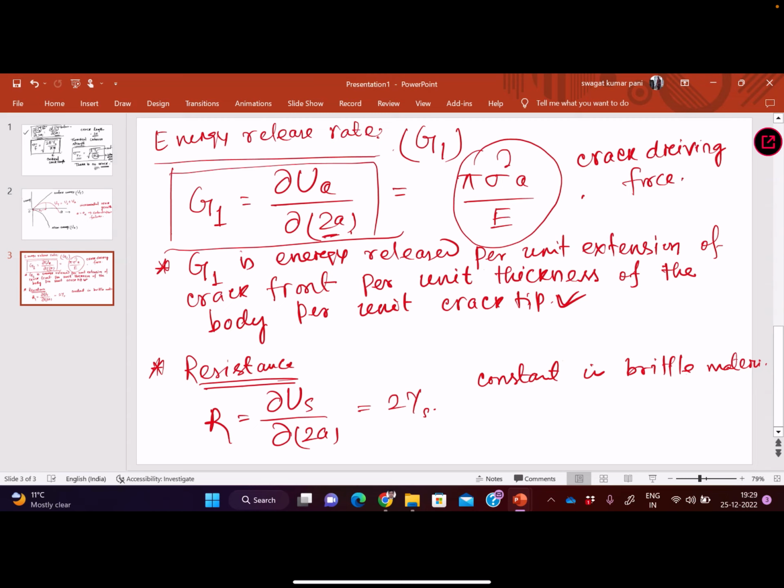When plastic deformation is there for ductile materials, it gradually increases with increase in crack growth. Because plastic deformation will be there, crack tip blunting will be there, so that will increase the resistance for further crack growth.